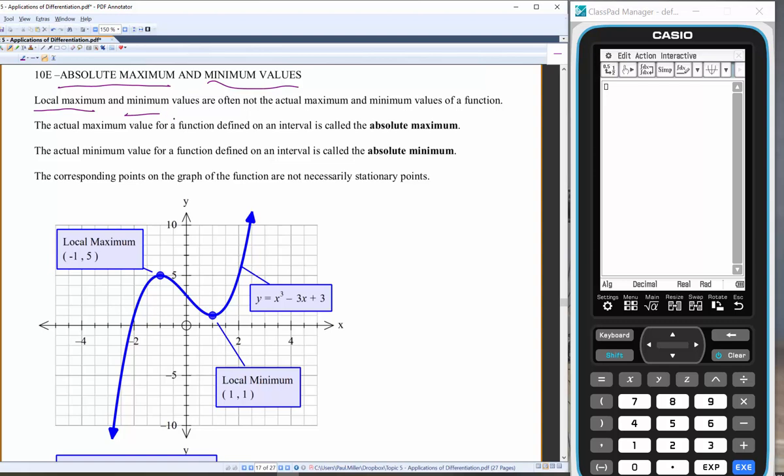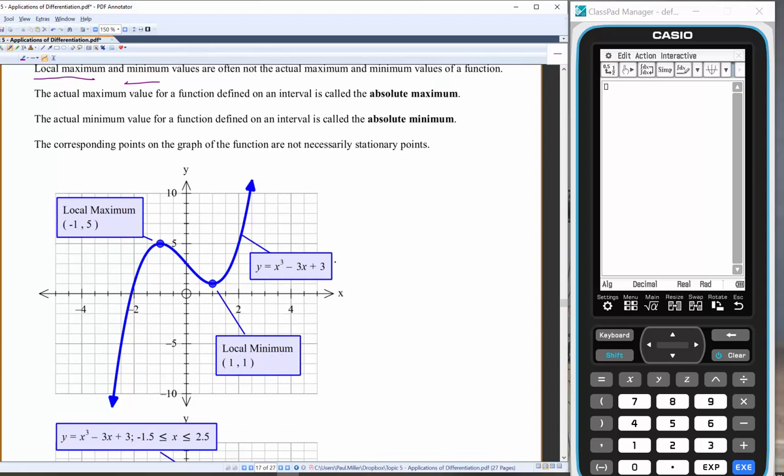Okay, so let's see if we can get an idea of what that's actually saying. We've got a function here, this cubic function. And what we're noting is that the local maximum is (-1, 5). The way I think about this with my vivid imagination is it's like the sheriff in movies.